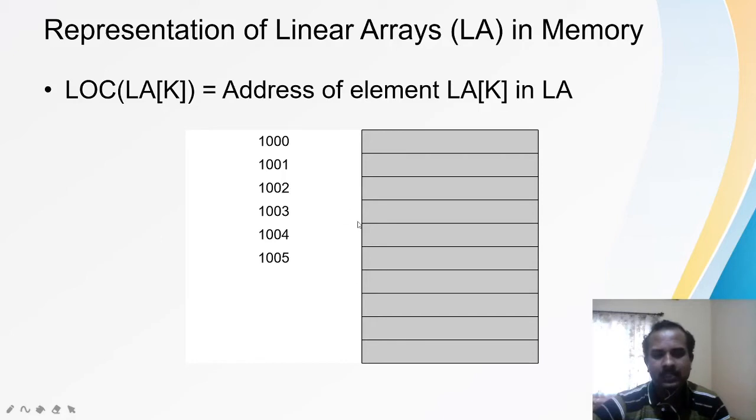So K is 4, then LA[K] is this value present here, and LOC(LA[K]) is 1003. That is the address of the element LA[K] in LA, that is, in the linear array.